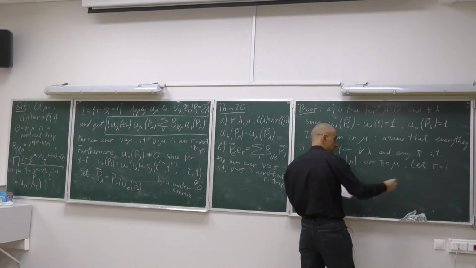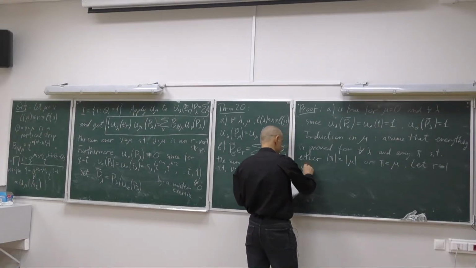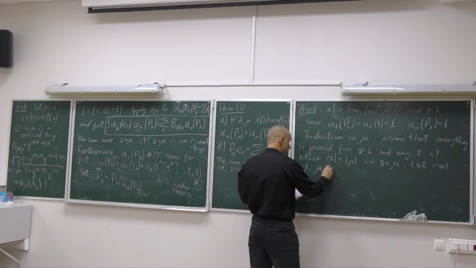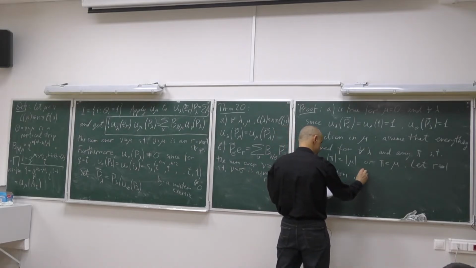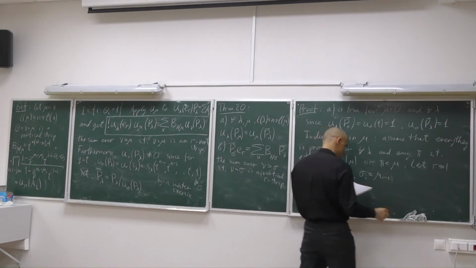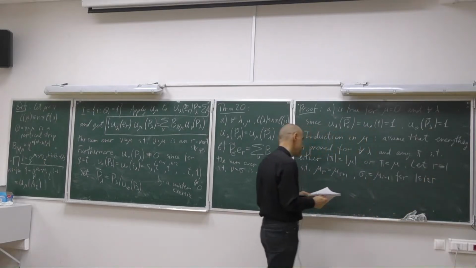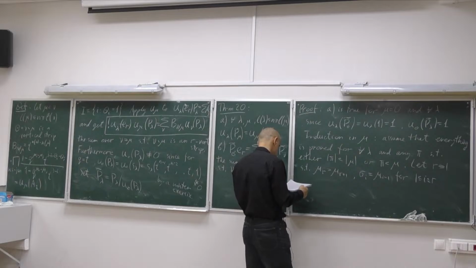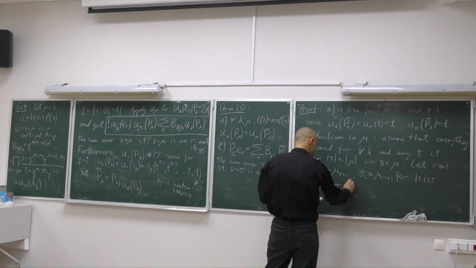So let r be an integer, and assume that mu r is bigger than mu r plus 1, and sigma i is mu i minus 1 for all the smaller i's, and we set sigma i equals mu i for i bigger than r.